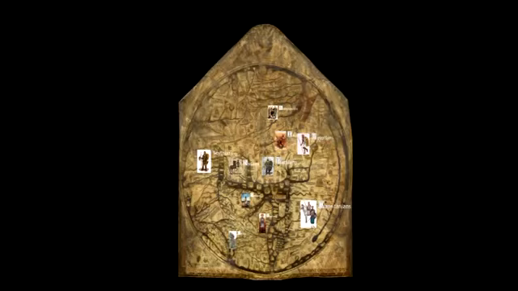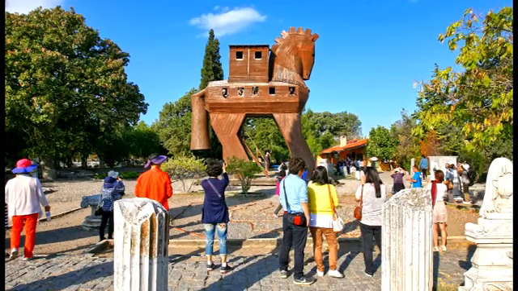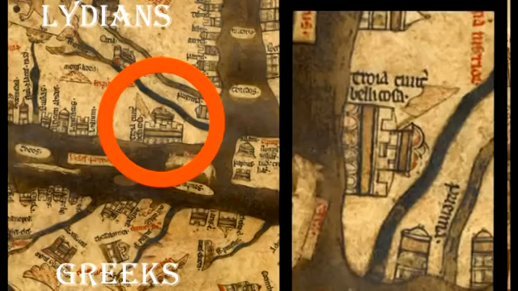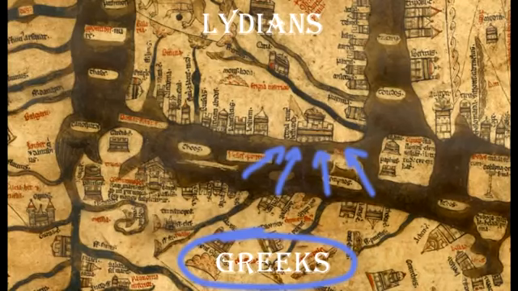Smoking gun for me is Troy, unfindable on our current map, but very obvious on the pre-flood map. Troy, a big city on the coast of the Lydians. It would be logical that if the Greeks want to conquer the Lydians, they would have to conquer Troy first.